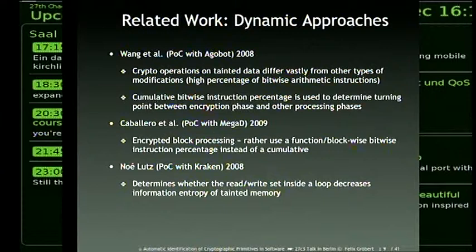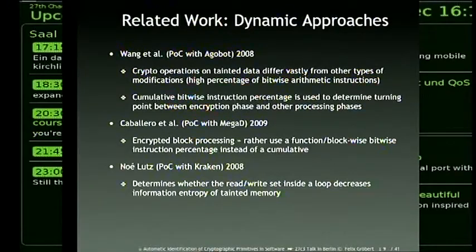All these 3 approaches are using dynamic instrumentation or some other sort of dynamic introspection into the malware. In one, they watch the execution code flow and specifically look for bitwise instructions, for example, XOR and rotate left.